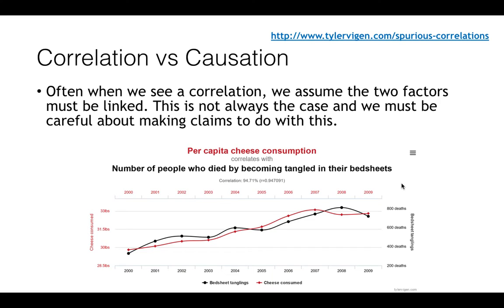You are not more likely to become tangled in your bedsheets just because you eat a lot of cheese. If I was to plot them on a graph together, the amount of cheese eaten and the amount of people dying by being tangled in their bed sheets, I would find a very, very close correlation. However, they are not caused by each other. So it's not a causation.